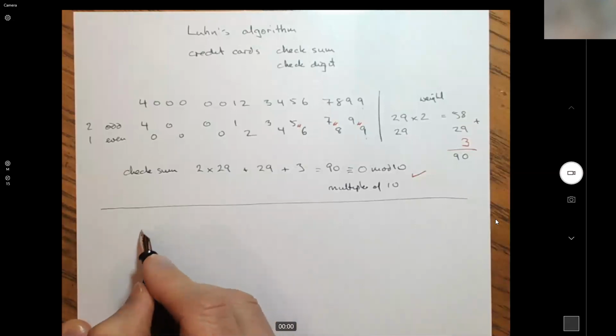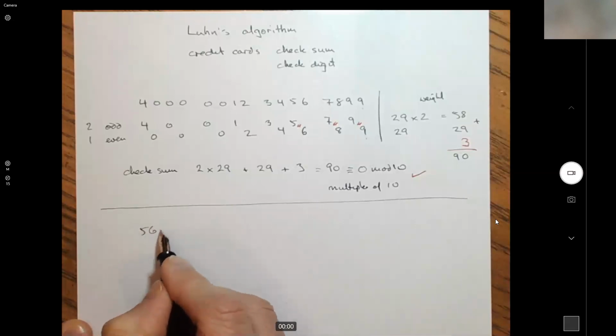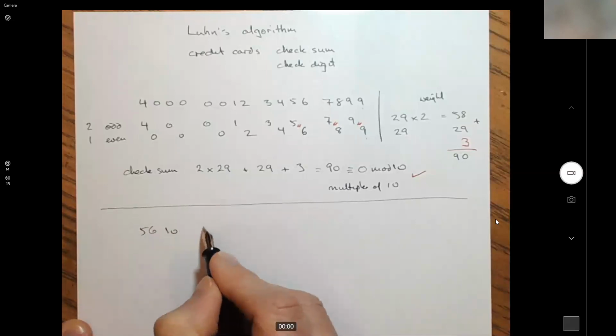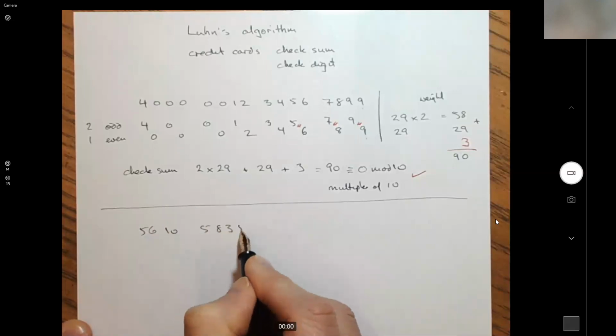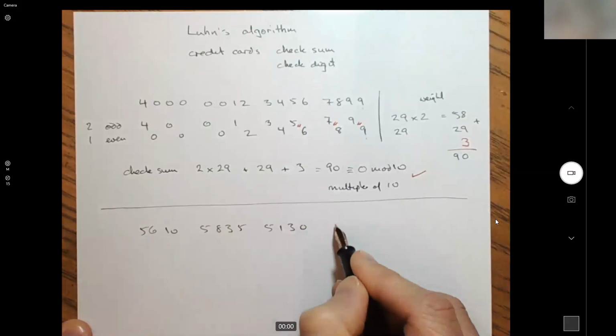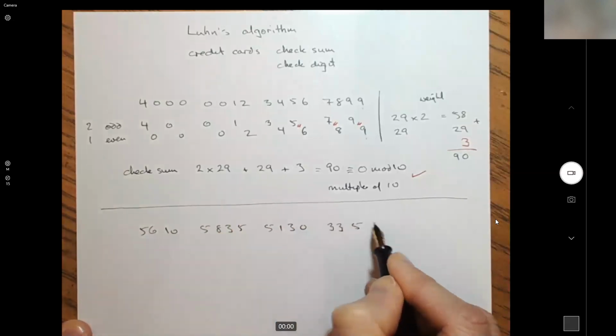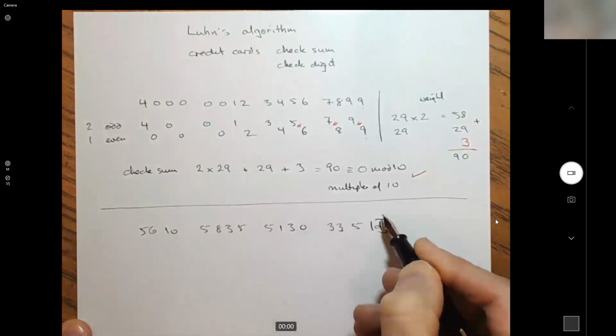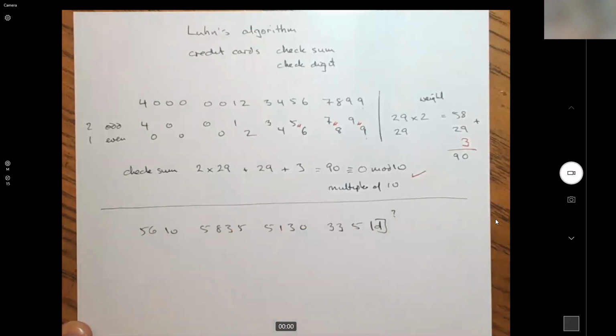So here's an incomplete number. So 5, 6, 0, 5, 8, 3, 5, 1, 3, 0, 3, 3, 5, and an unknown check digit.